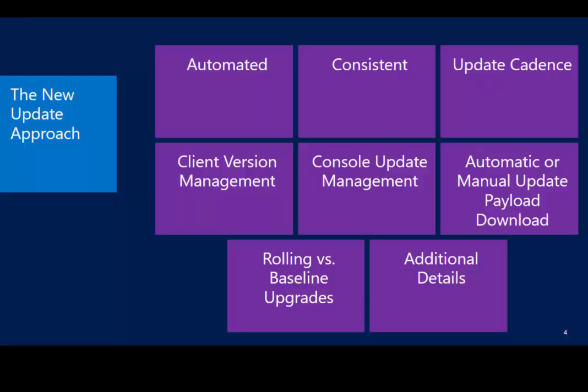Another aspect of this, right? So we have the concept of rolling versus baseline updates. So starting with version 15.11 of Current Branch, that was our first baseline release of Current Branch. What we're going to be doing here in this session is upgrading a site from version 15.11 to 16.02. 16.02 is not a baseline release, which means in order to install that version, you have to start from 15.11.